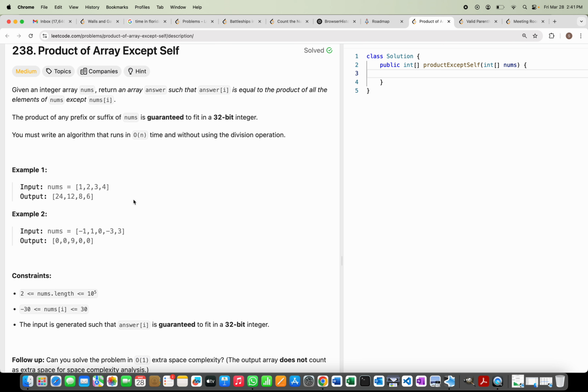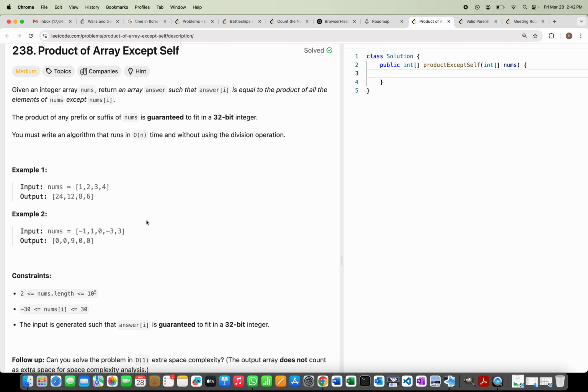So that's the idea. And then let's say for 3, 8 is 4 times 2 times 1, which is 8. So if we were looking at 3, it's index 2. So this contains the product of the whole array except this one.